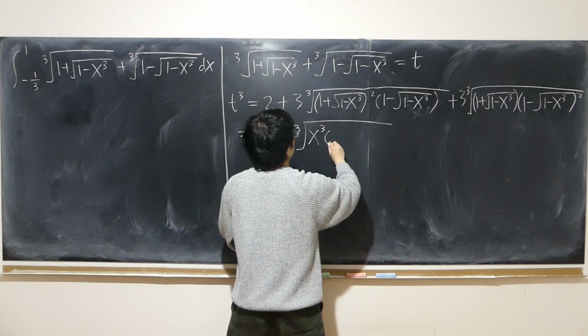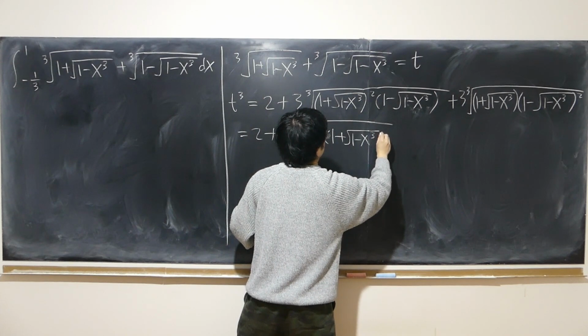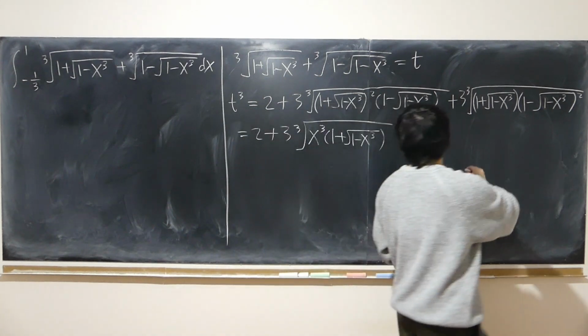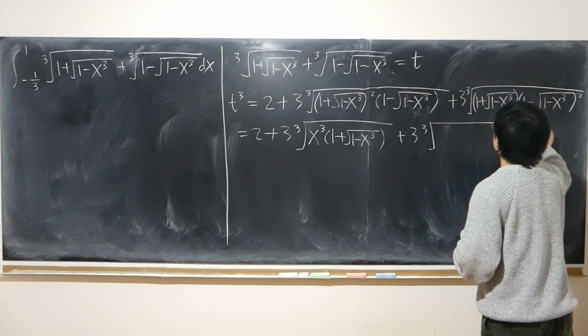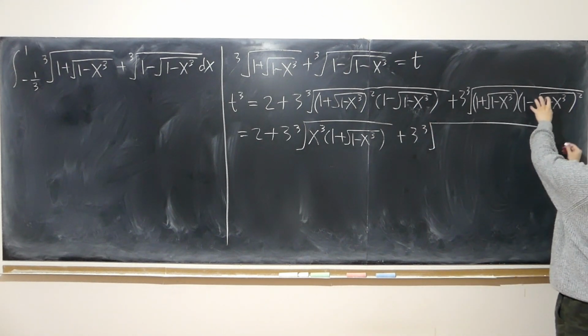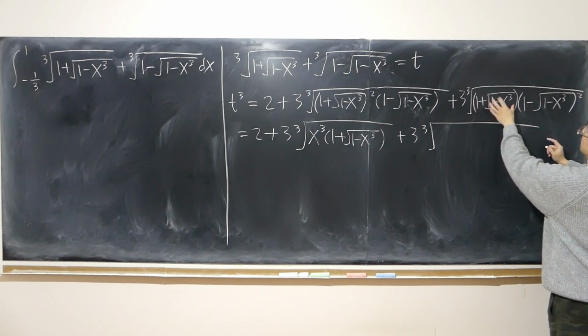So multiply by 1 plus. Plus 3 cubic root. Here, distribute one of these onto this, so a difference of perfect squares. So 1 squared minus this squared.